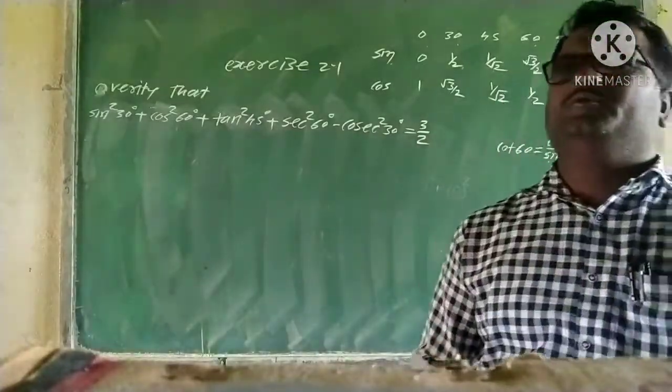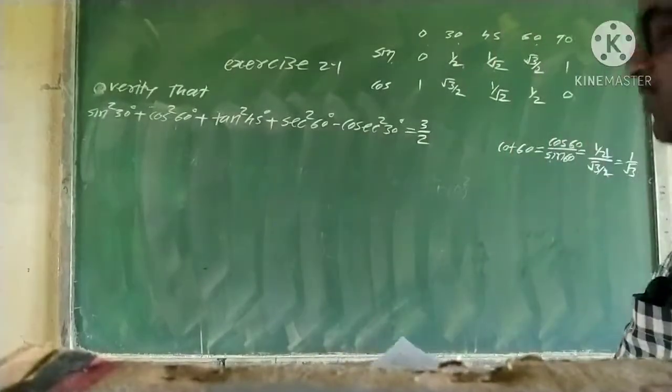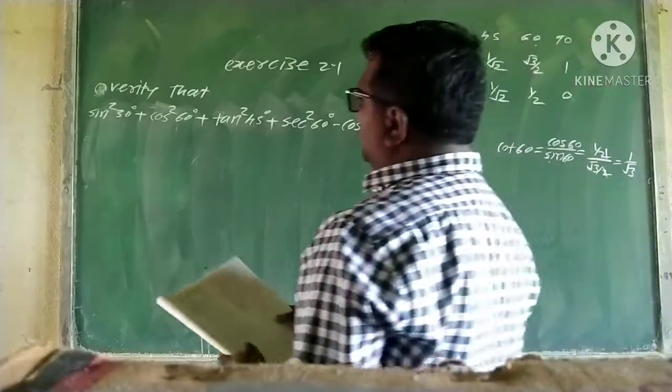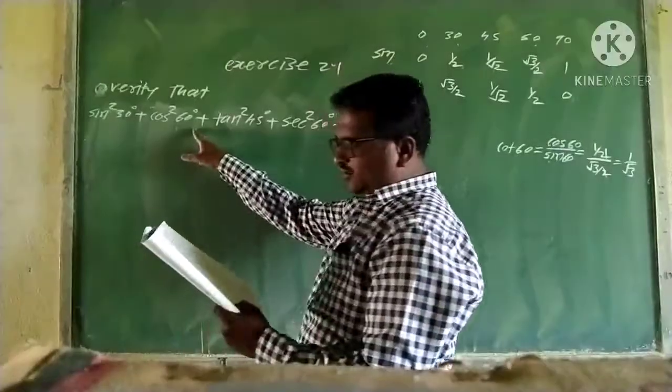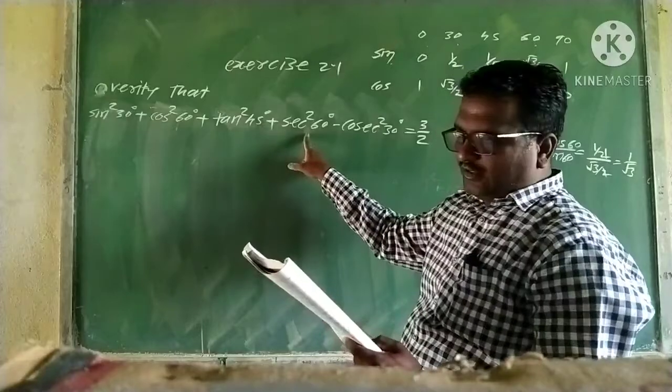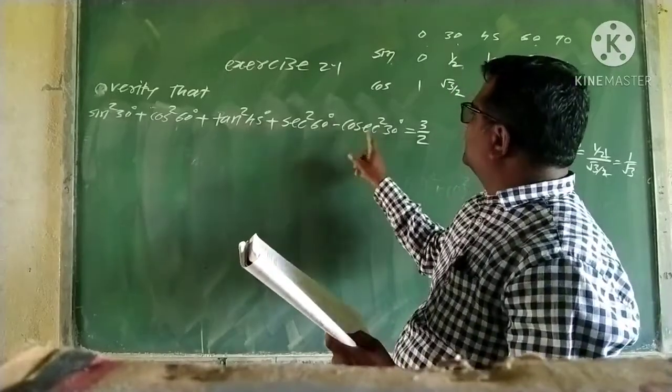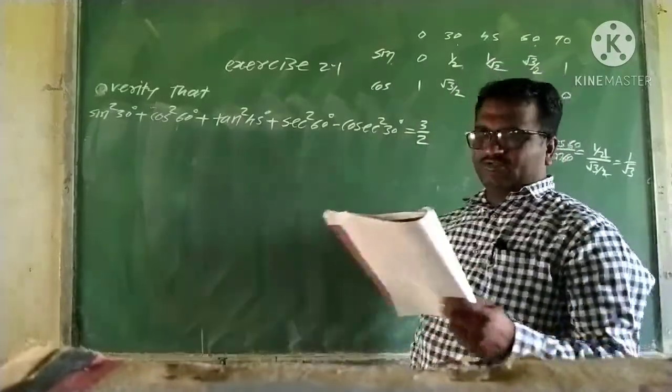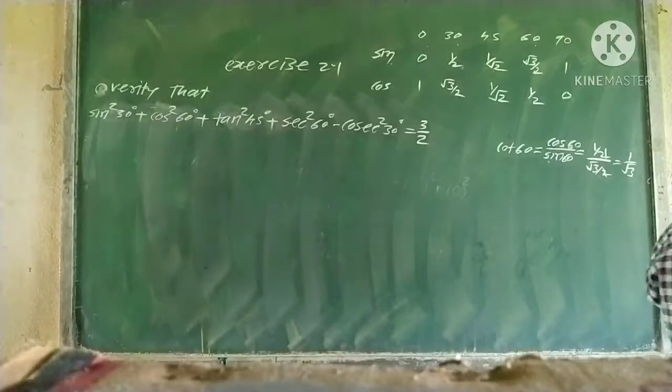Let us see the next problem. Sin square of 30 plus cos square of 60 degree plus tan square of 45 degree plus sec square of 60 degree minus cosec square of 30 degree is equal to 3 divided by 2.